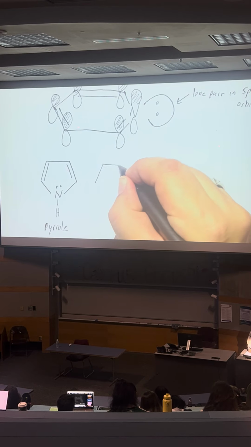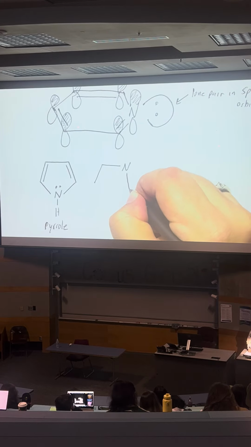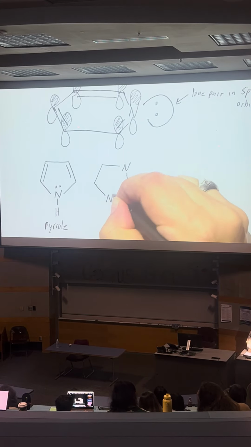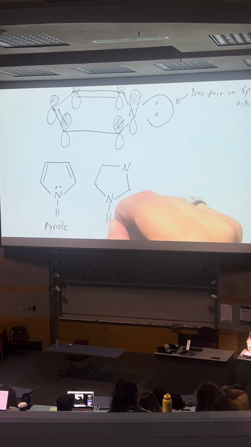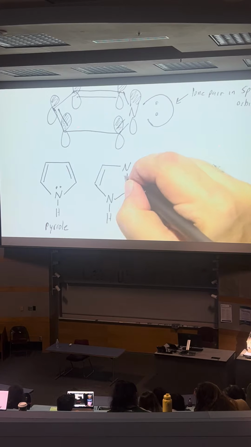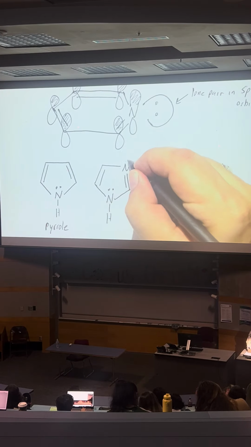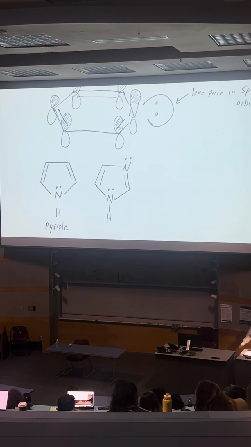Let me show you the imidazole. Imidazole is an interesting one. There's a pi bond to the nitrogen upstairs to the right, but there are no pi bonds to the nitrogen downstairs.